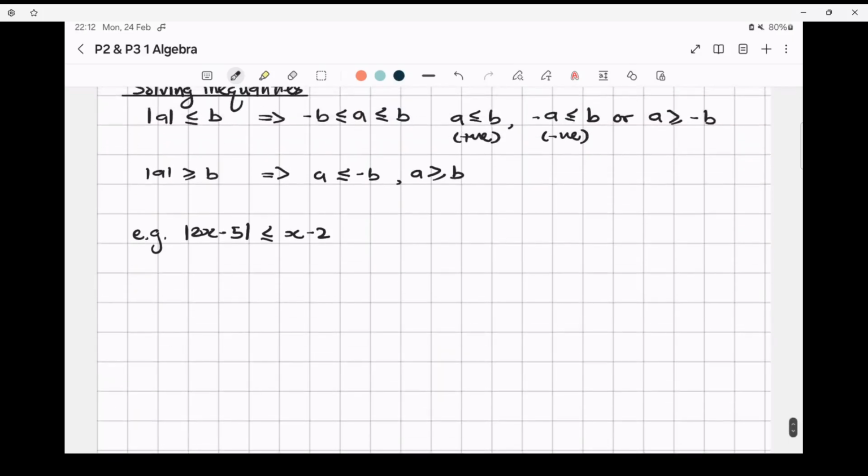So if I were to do this, let's test it out. I use the first property. So then you have 2 minus x smaller or equals to 2x minus 5 smaller or equals to x minus 2.